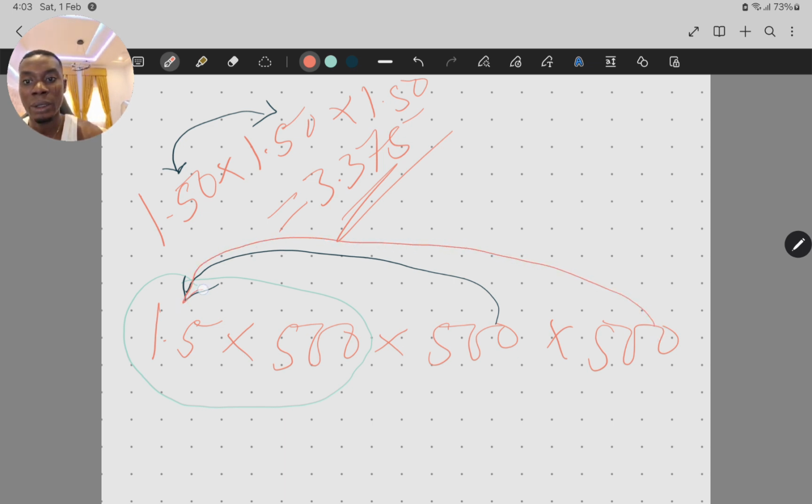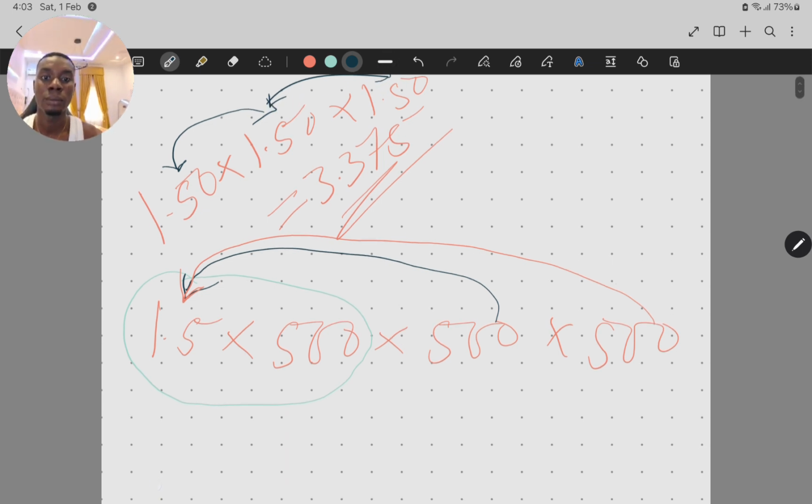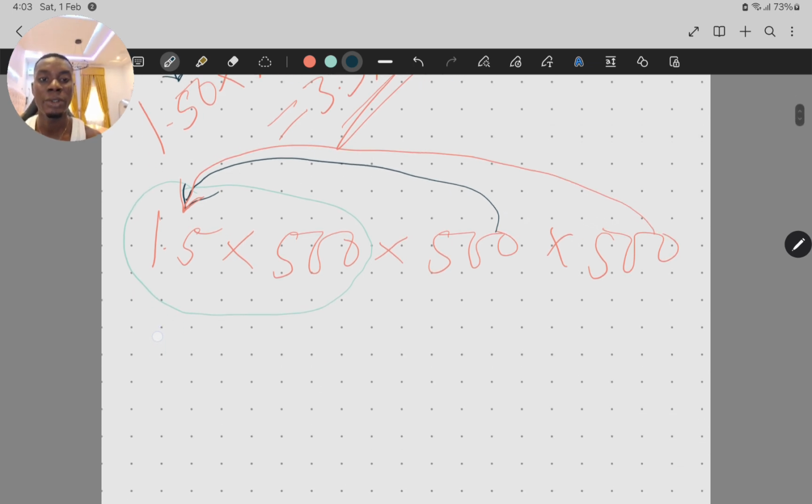You can see, right? So you have been able to cover for the 3.